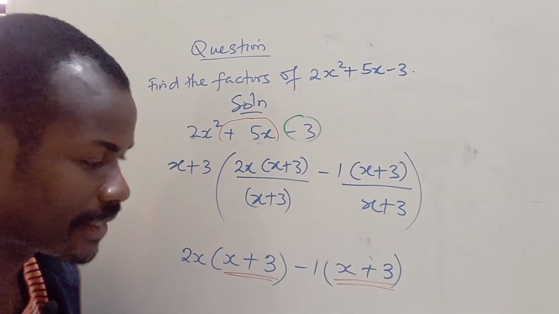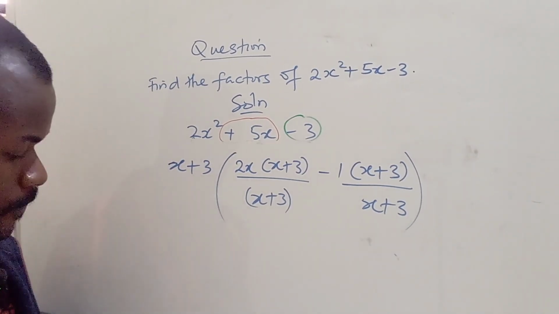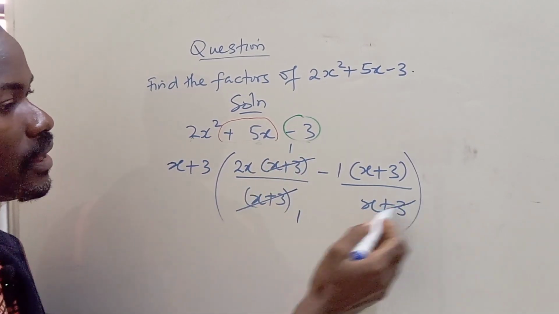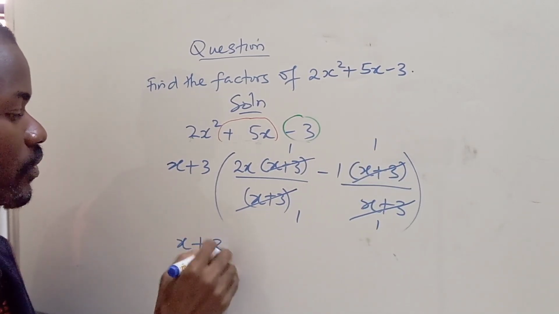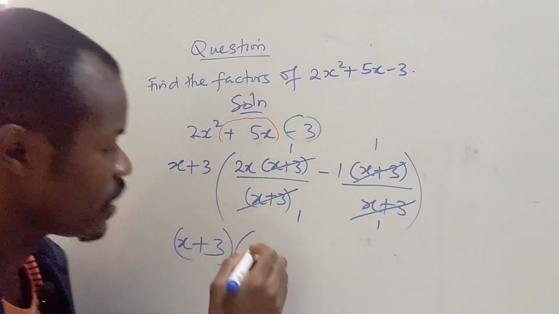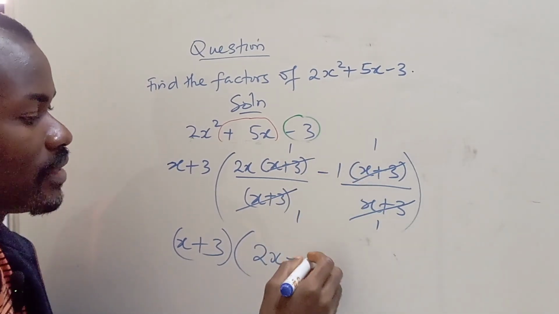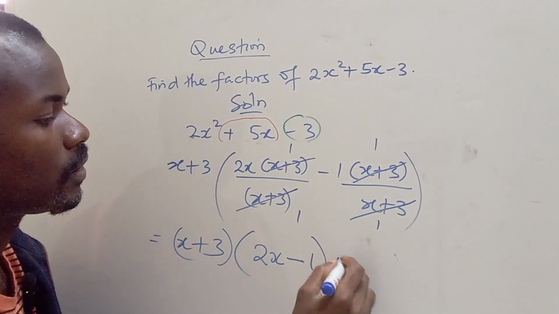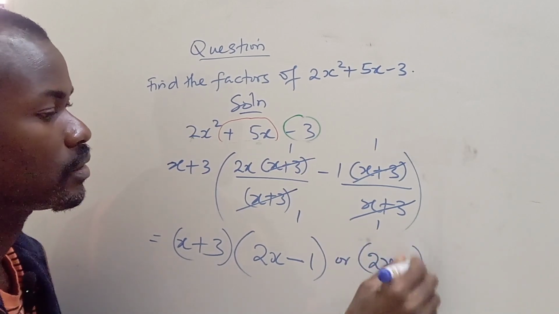When we cancel out, this is 1 and this is 1. So we are left with x plus 3 multiplied by what is left: 2x minus 1.